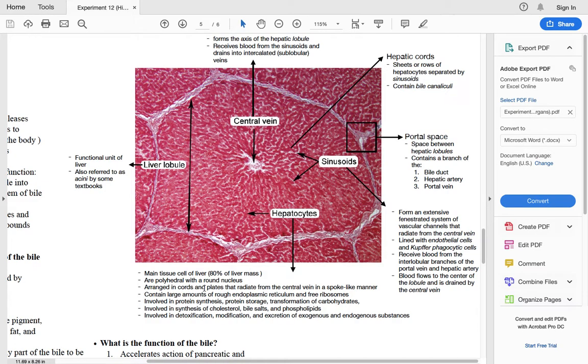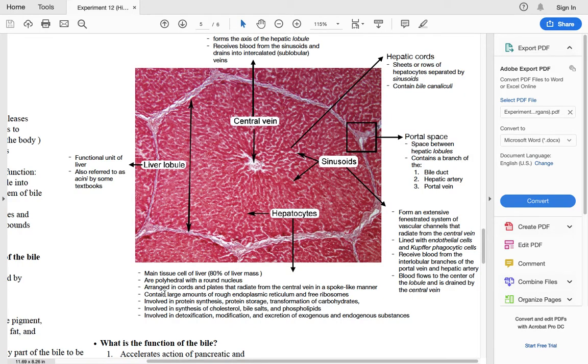They're arranged in cords and plates known as hepatic cords that radiate from the central vein in a spoke-like manner. So, similar to the sinusoids, both the sinusoids and the hepatic cords radiate from the central vein. Spoke-like, if you remember, we discussed in class, means the way that a bicycle wheel looks. So they look like basically a bicycle wheel in the way they're arranged.